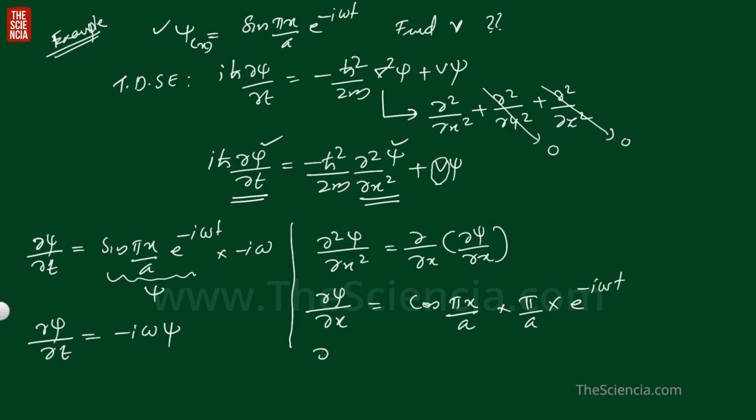Now again we take its derivative, that is ∂²ψ/∂x². We get the derivative of cos, that is −sin(πx/a) into (π/a)² e^(−iωt).